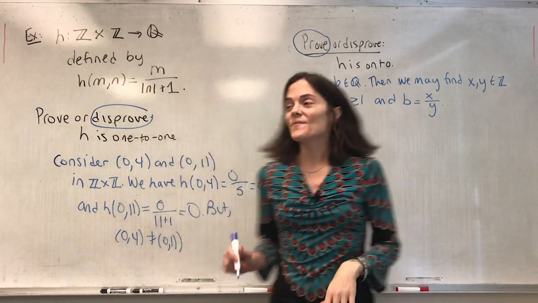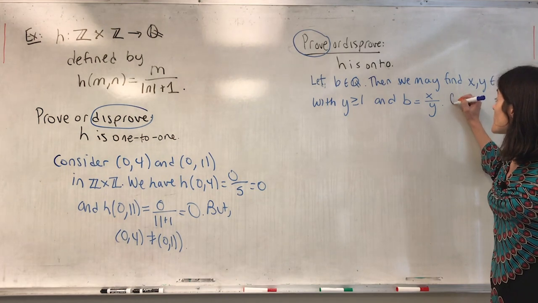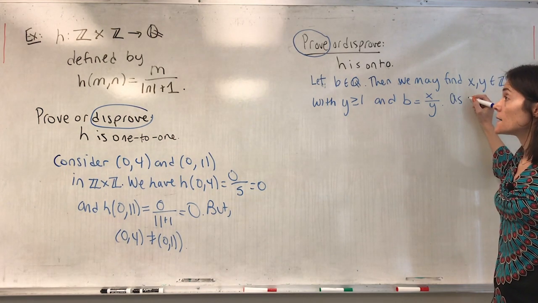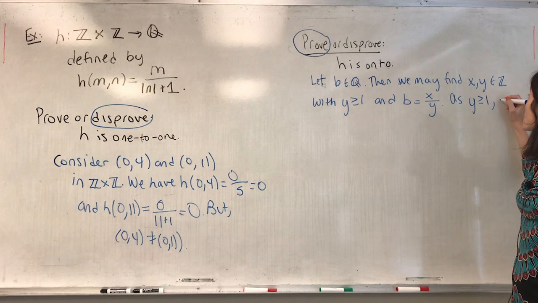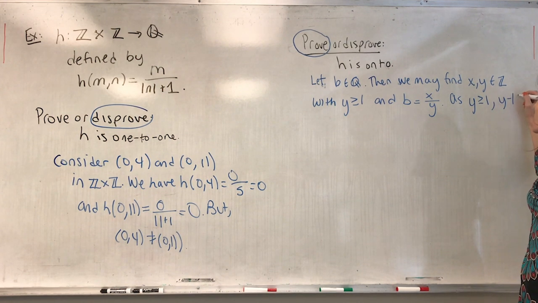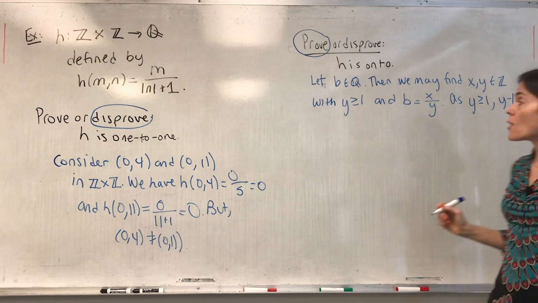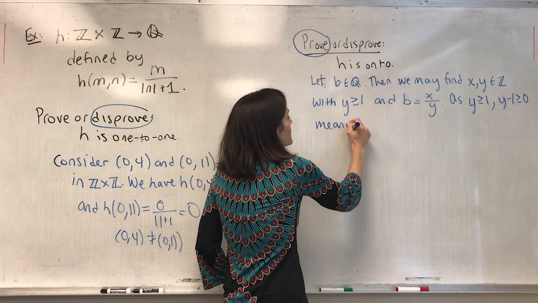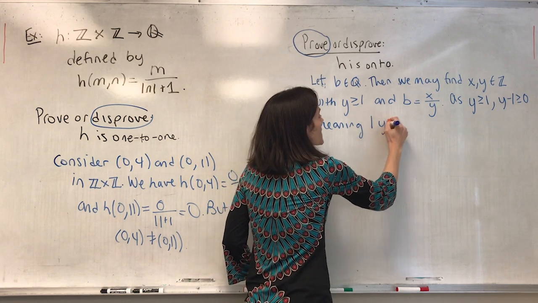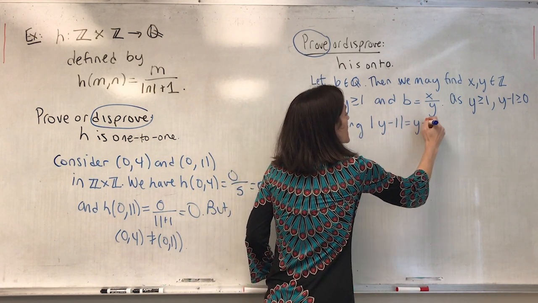Okay, so let's say Y bigger than or equal to 1, then we know that Y minus 1 is bigger than or equal to 0, meaning that the absolute value of Y minus 1 equals Y minus 1.